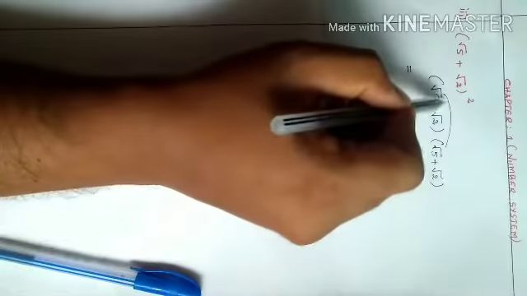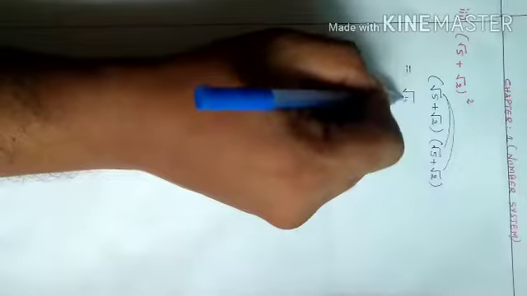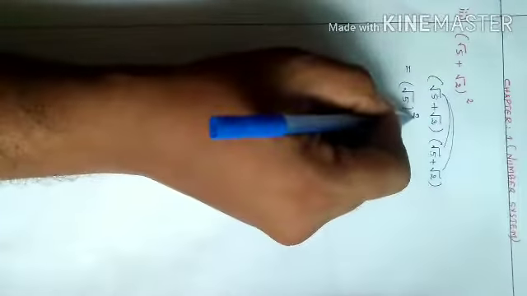Now we are going to multiply the first term to the first term and the first term to the last term. So root 5 and root 5, 2 times root 5, so square, 5.